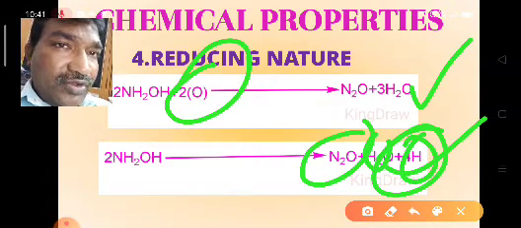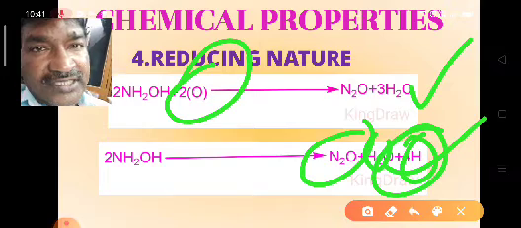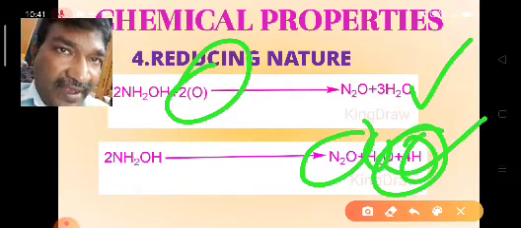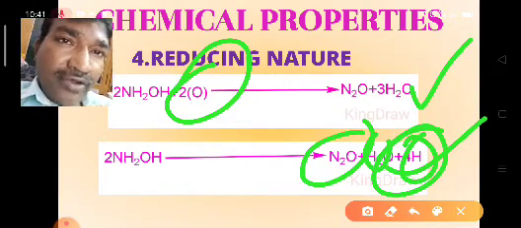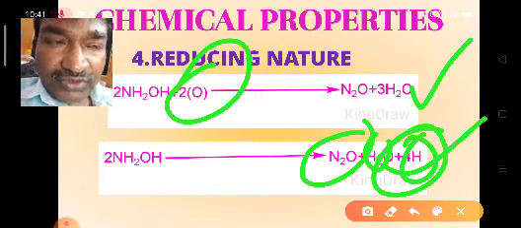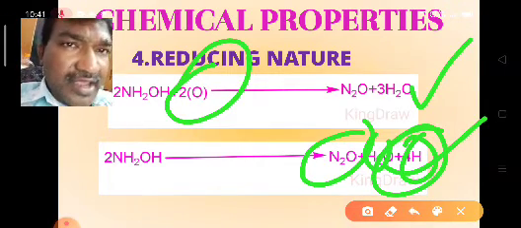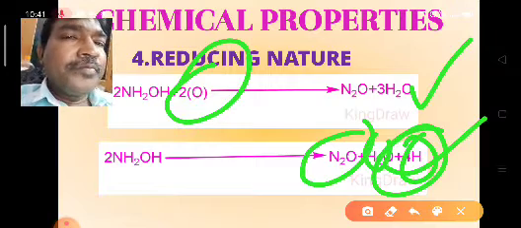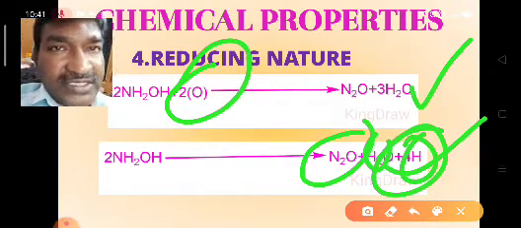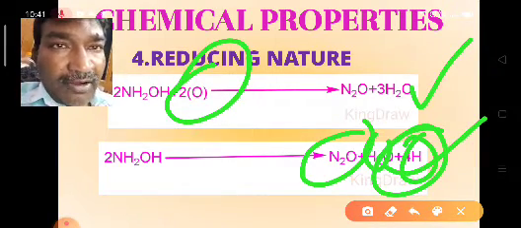It acts as reducing agent by accepting oxygen atoms from the other substances. It acts as reducing agent by donating or giving hydrogen atoms to the other substances. In both the ways, we can justify the reducing nature of the hydroxylamine.